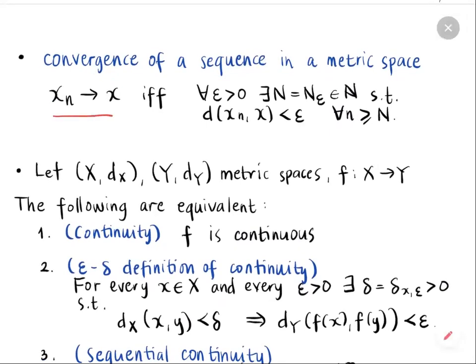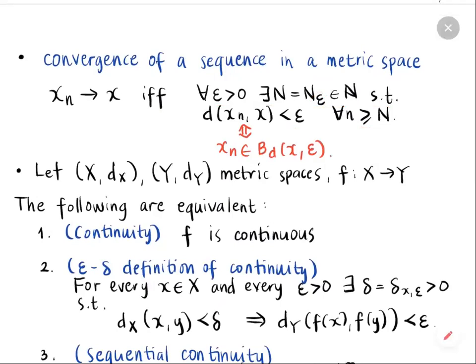this is true if and only if for any epsilon greater than 0, I can find a natural number N. In general, this depends on the given epsilon, meaning a different epsilon will in general give you a different N. And in this case, the distance between the terms of the sequence and the limit is less than epsilon for any index greater than or equal to capital N. Well, you cannot see open balls here, but of course, this is equivalent to stating that x sub n should be in the open ball centered at x with radius epsilon.